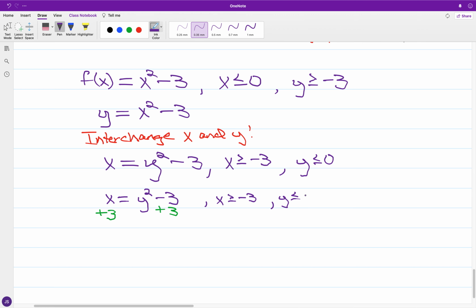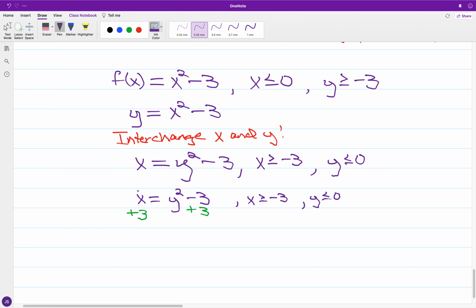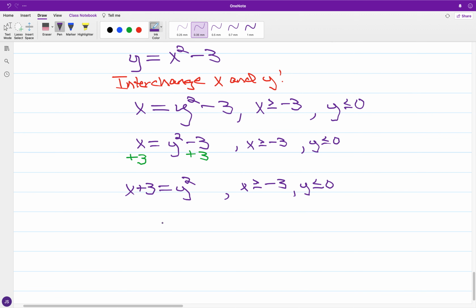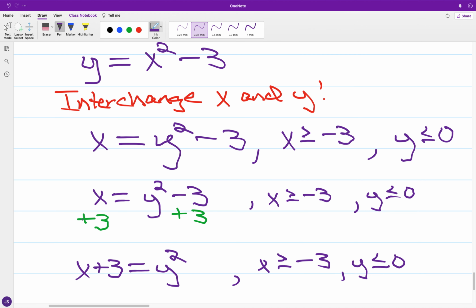Upon isolating y squared, and I'm just going to repeat these restrictions, I have x plus 3 equal to y squared. And in terms of the follow through, again, we have the square root property of equality. I'm just going to switch the sides here.